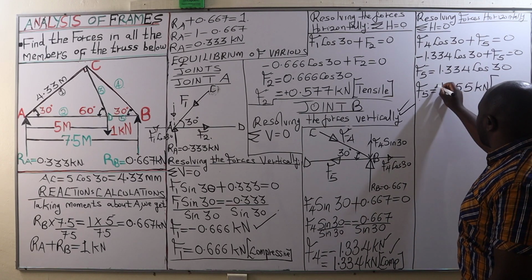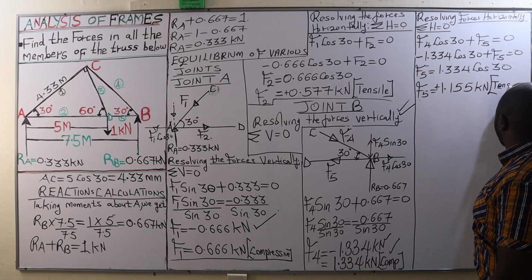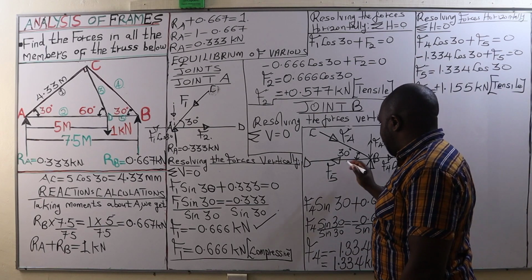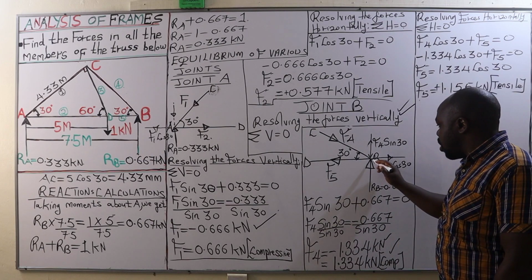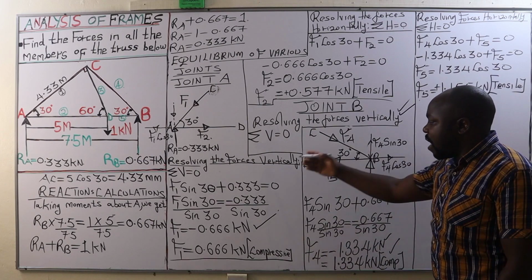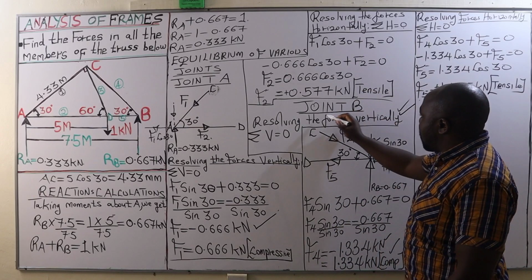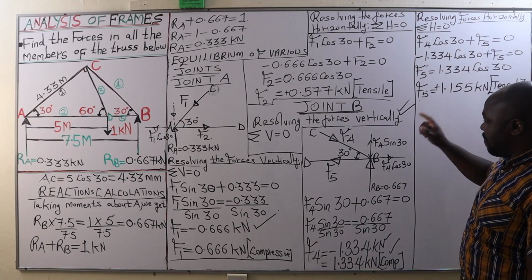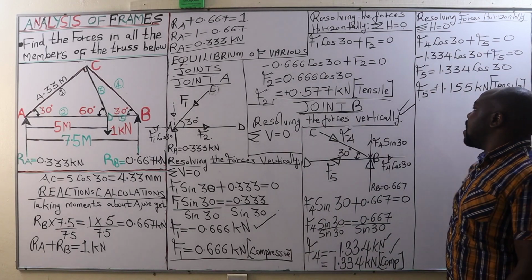And this force being positive is going to be a tensile force. Therefore, F5 is a tensile force pulling joint B, or acting away from joint B. So we are done with joint B, and we got the forces acting on member BD as well as BC.